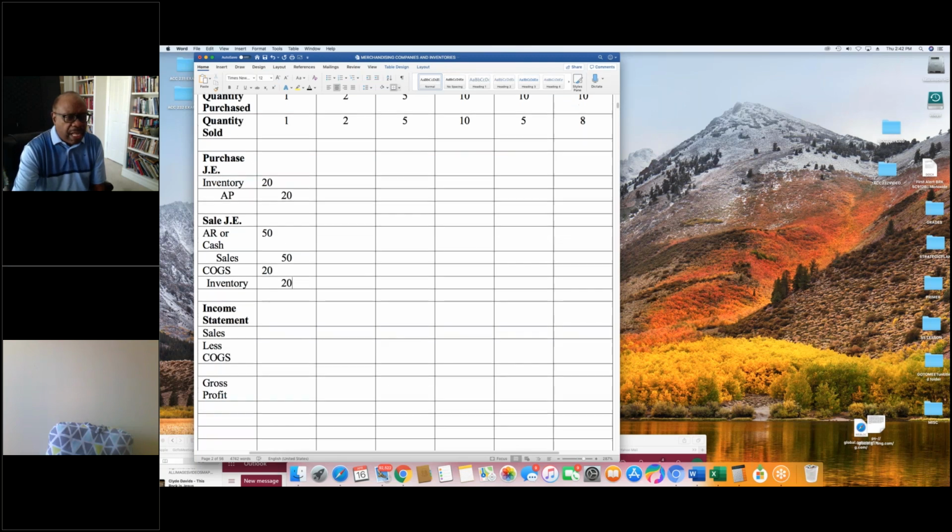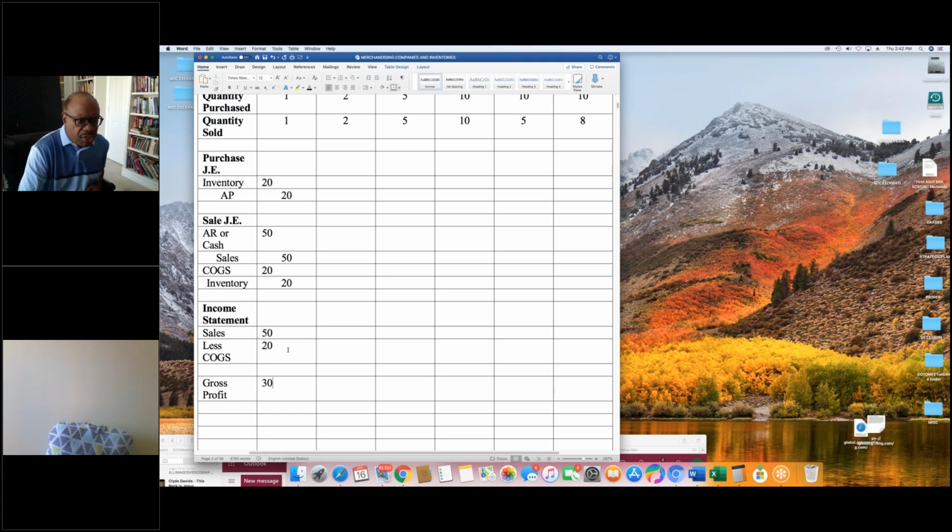And if we looked at the partial income statement as it looks now, it would show sales of 50. It's going to show cost of goods sold of 20 and a gross profit of 30.